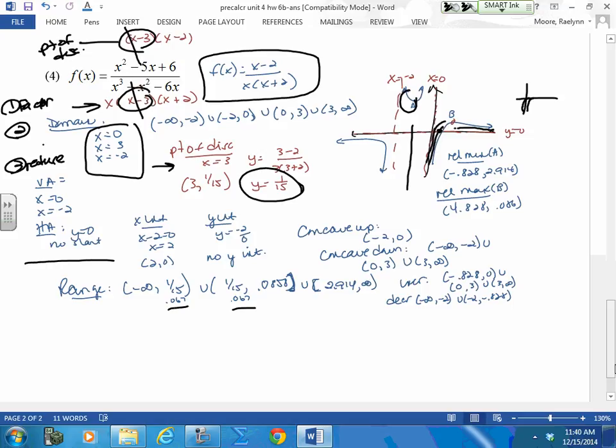So we come up to 1/5. We jump over it. Then we go back to this guy's y value, which is 0.086 if you did it with 3 decimals. And we included that point, and then we did this point here.